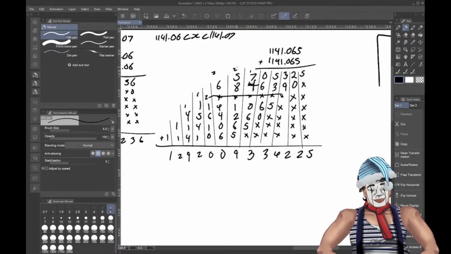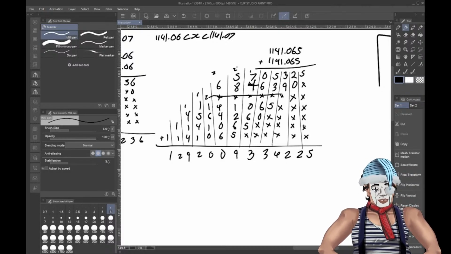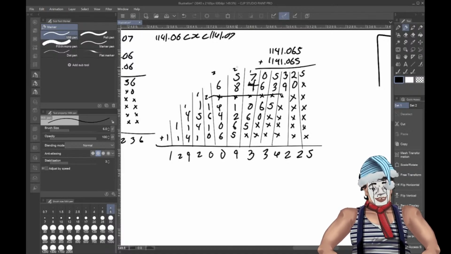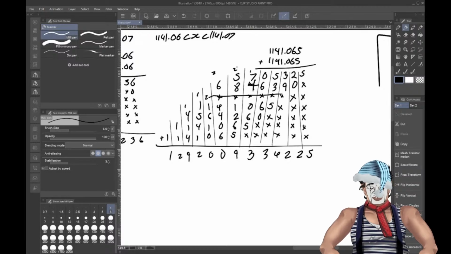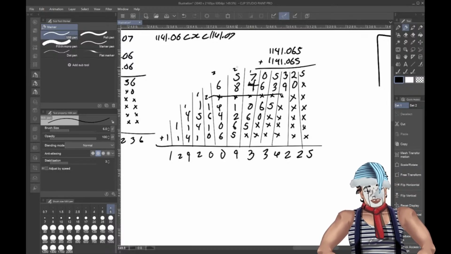Where did the 7 bring us? Another math mistake. This number should be large. This number should be smaller than that number. But we're gonna move on from there. Let me see here. 1, 1, 4, 1, 6, 5.